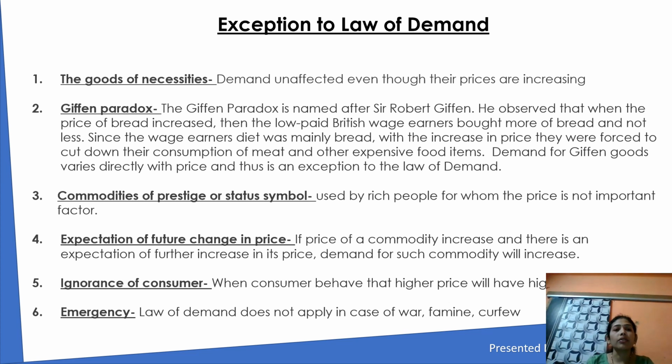Exceptions to the law of demand. First, goods of necessities: demand is unaffected even though their prices are increasing. Second, Giffen paradox. The Giffen paradox is named after Sir Robert Giffen. He observed that when the price of bread increased, the low-paid British wage earners bought more bread and not less.